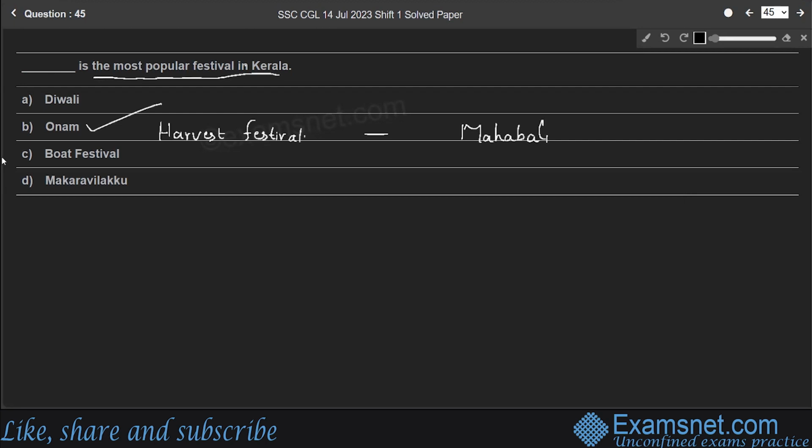Mahabali is a king who is considered to have ruled ancient Kerala. Mahabali's kingdom signifies Kerala at its best. The 10-day celebrations of Onam start with Atham and end with Tiruvonam.